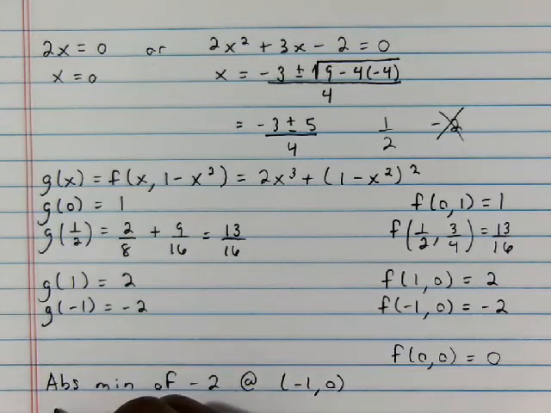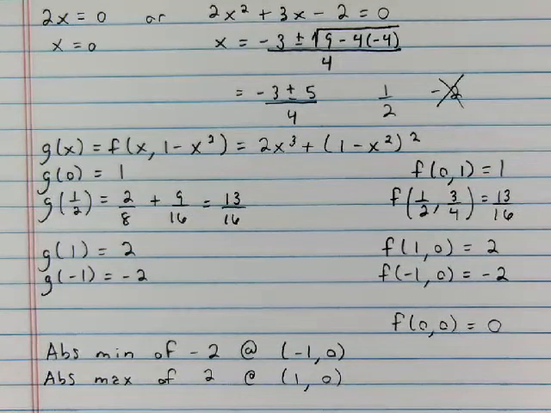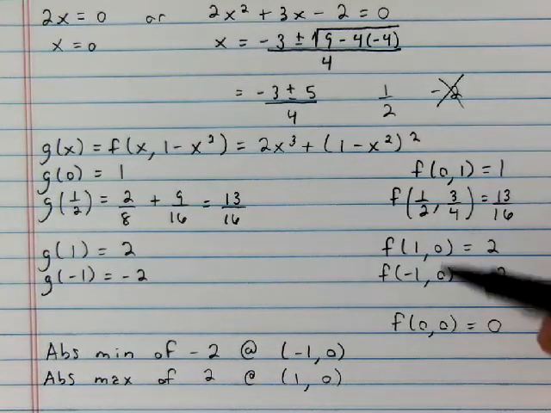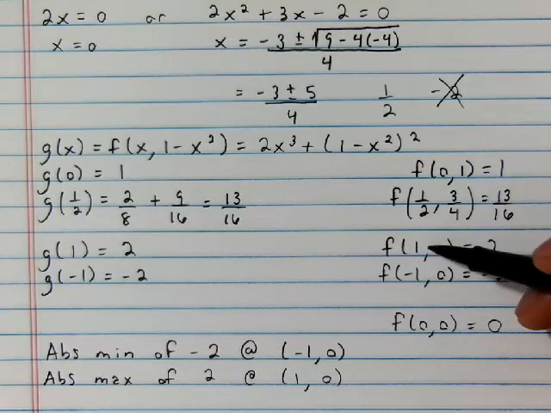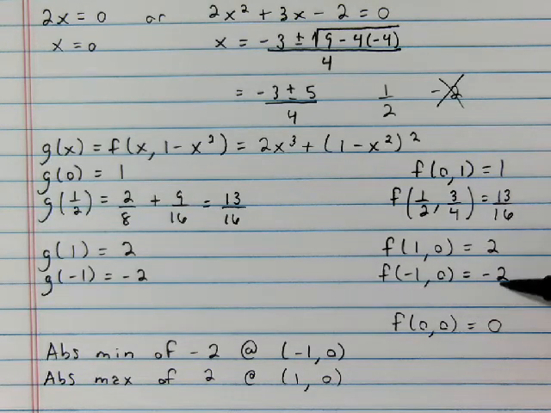And we have an absolute max of 2 at the point 1, 0. Oops, sorry. So notice it just so happened that our absolute max and min were at those endpoints. So you have to make sure that you check those endpoints, because had we not checked those, we would have lost our correct answers entirely.